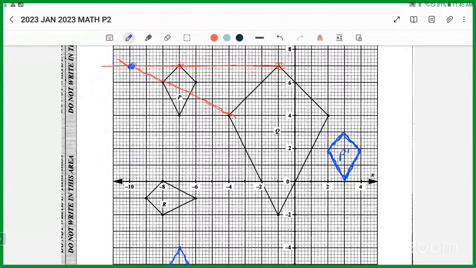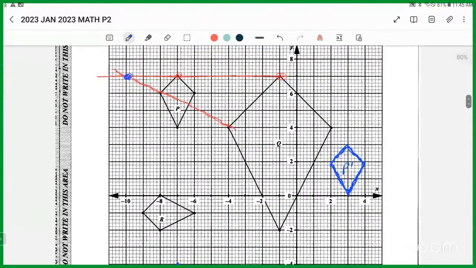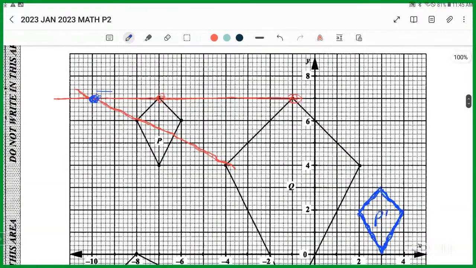Now I can check that to see if it is correct. The scale factor also affects the distance from the center of the enlargement. So the points will also undergo a scale factor of 3 in terms of distance from the center. For example, the distance from here to here is 3 units. So the point is the center and the scale factor is 3.